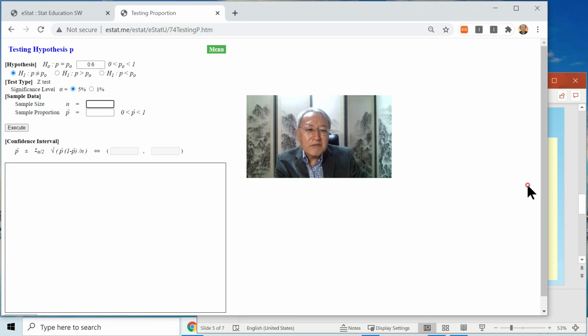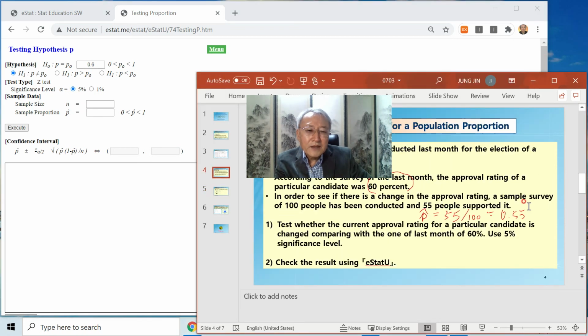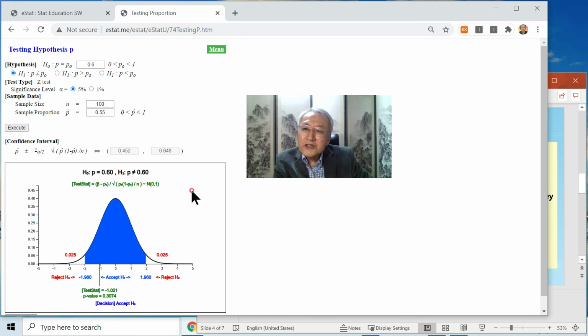What is the sample size? It was 100, right? We collect 100 samples, and the sample proportion is 55%. Okay. Click the execute button and it will generate the confidence interval, and your calculated value is inside of the acceptance region. Therefore, you have to accept.